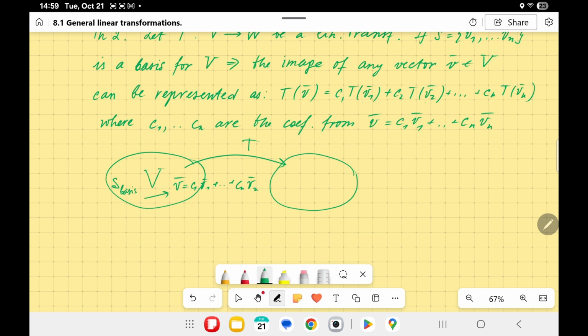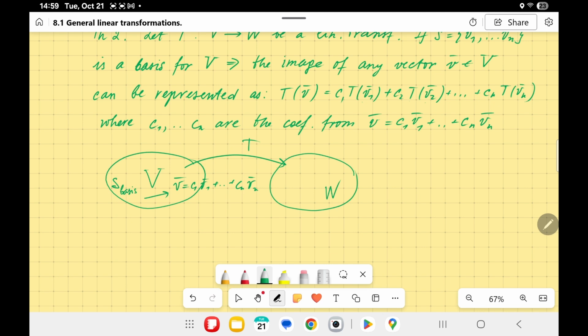Which is going to be nice, because if we have only one vector V, that's fine. But if we have many different vectors, we can build images of them using the basis and the coordinates of the vectors in vector space V. They are probably not going to be the coordinates in the vector space W, but at least we are going to get those vectors.